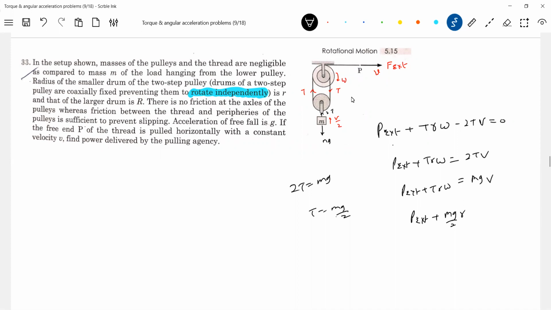Can I write also v by r? What is v? v should be equal to r omega. Solving this, mgv, mgr, v by 2r. V by 2 velocity.